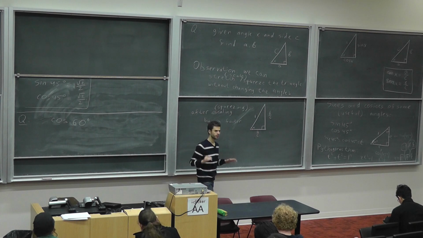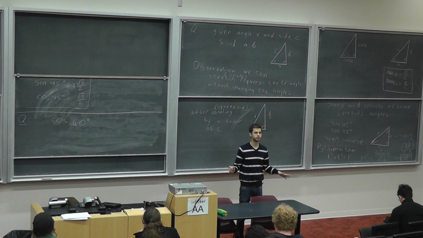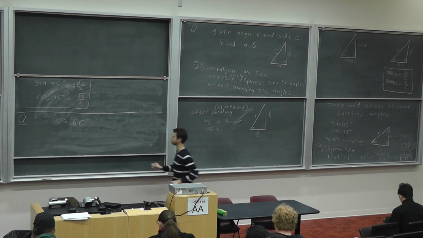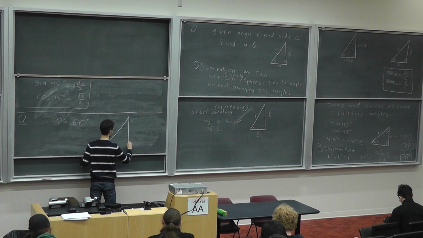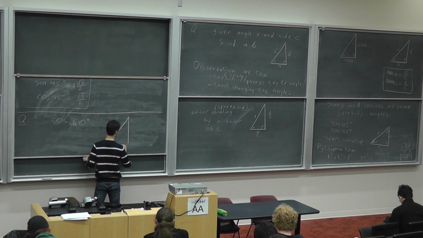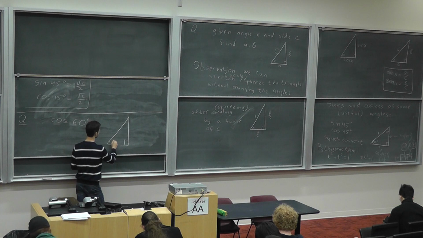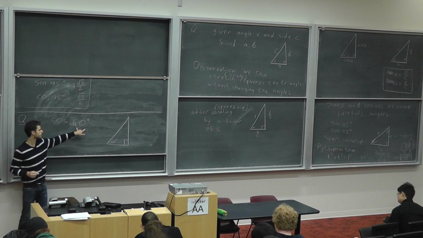Well, again, we don't know at this point anything at all about sines and cosines except their definition. And the definition is construct a right angle triangle where this angle is the argument of the cosine, in this case 60 degrees.